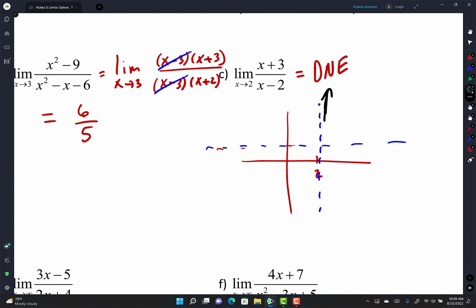Does that make sense? 1.9 minus 2 is negative, so some number divided by a really, really small magnitude negative number is negative infinity. If I plug in a 0, I get negative 1.5. So I cross the y-axis right there, and I probably look something like this. You have a 0 at negative 3 if you want to be accurate. And it looks like that.